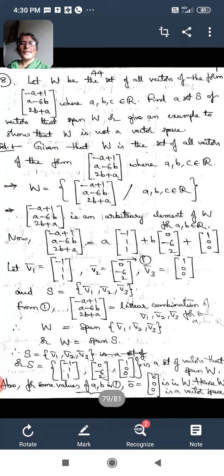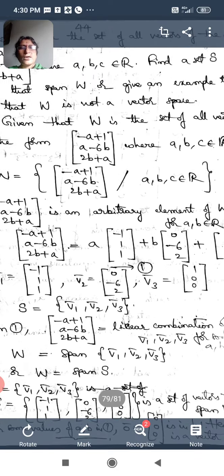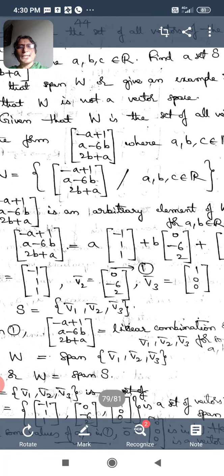From equation 1, we can see that minus a plus 1, a minus 6b, 2b plus a, this arbitrary element of w, can now be written as a linear combination of v1 bar, v2 bar, v3 bar for some scalars a, b taken from the set of real numbers. That means every element, as an arbitrary element, can be written as a linear combination.